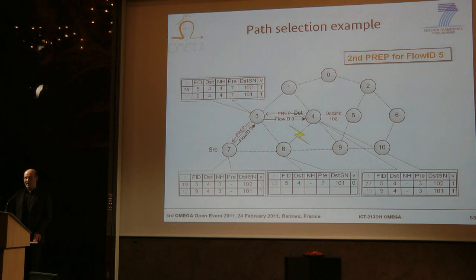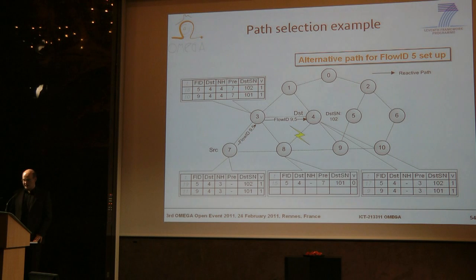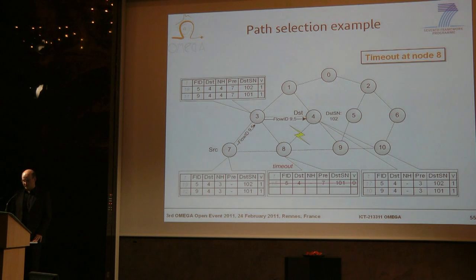Of course, 4 answers again with a path reply. And we found one alternative path for flow ID 5. So both flows are going over this path. And again, after a certain time, this entry is deleted. So this is actually how the path selection works.